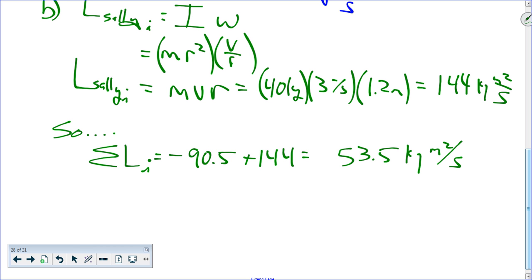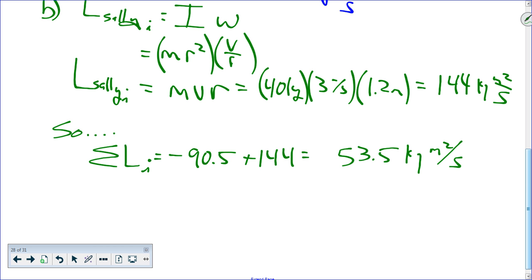All right, are we good? So now what has happened is this. We started out with our merry-go-round spinning. Sally runs and jumps onto it, and then we don't know what's going to happen. Well, actually, I guess we do. Our total angular momentum is positive, so it's got to be spinning now in a positive direction.